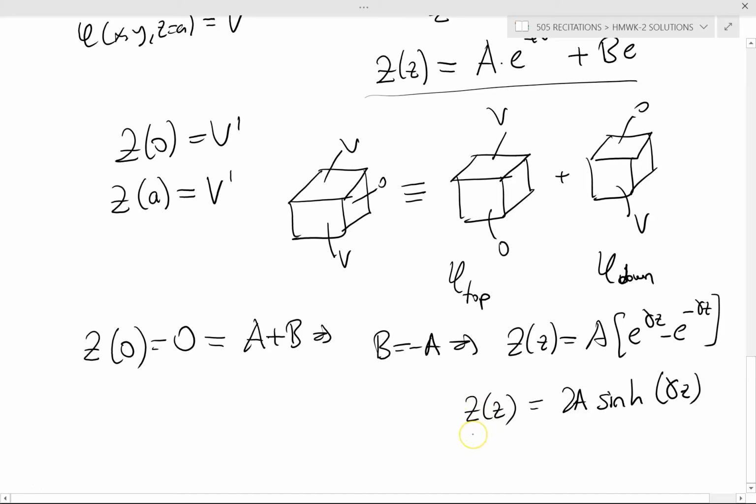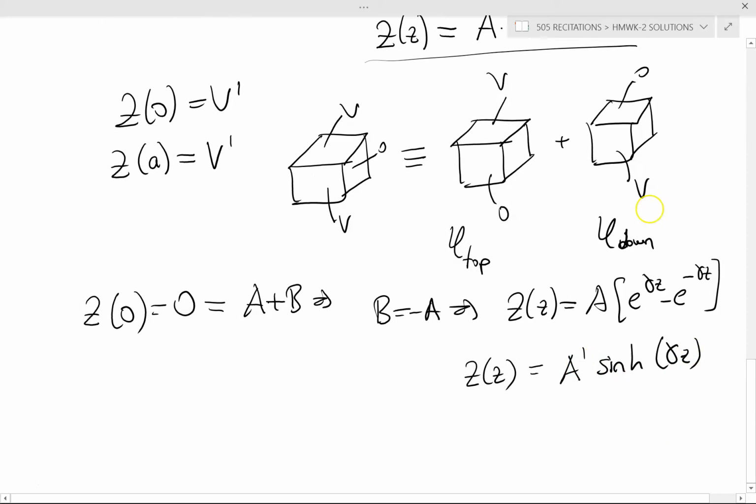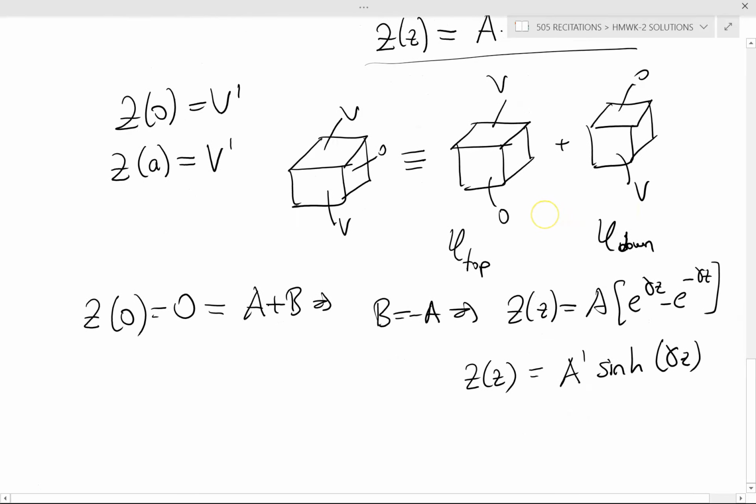Let me also denote it by A prime. Very well. So now, given these, only one last boundary condition left in order to find the psi top.